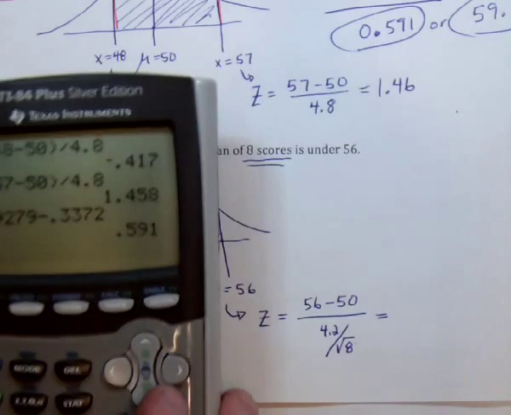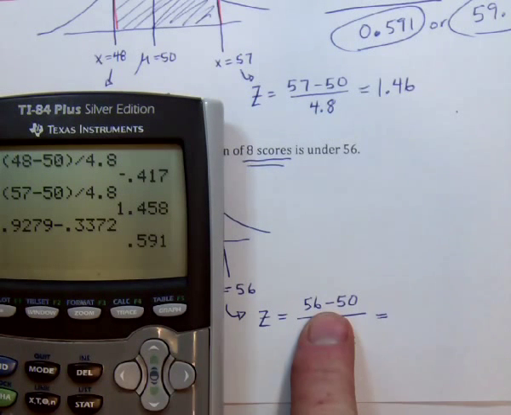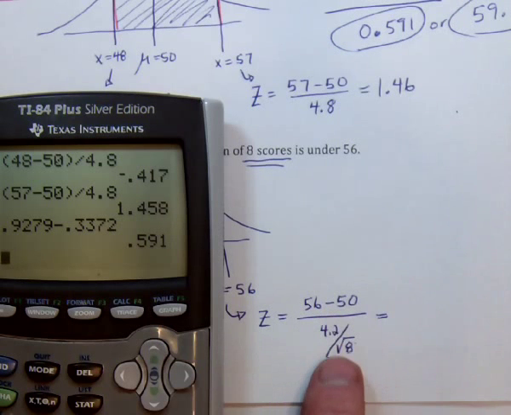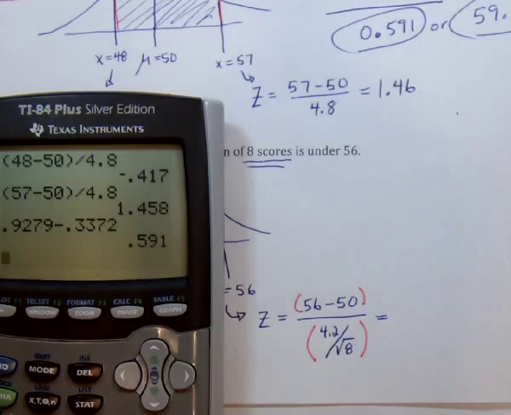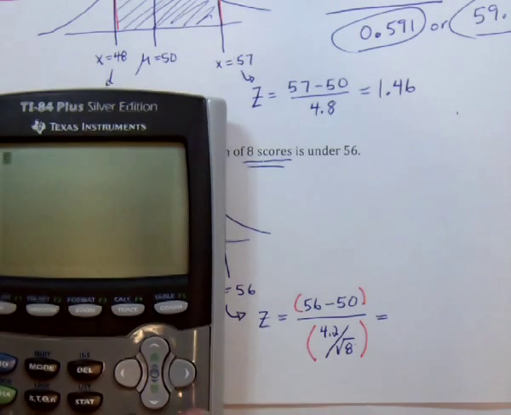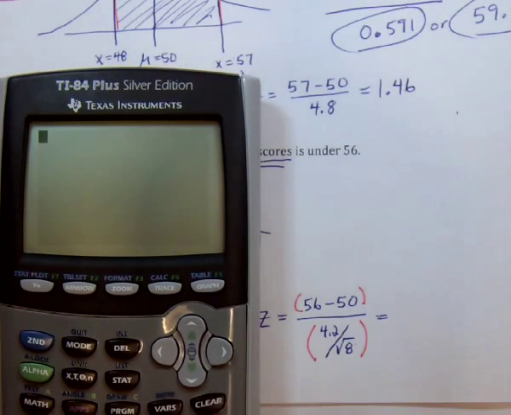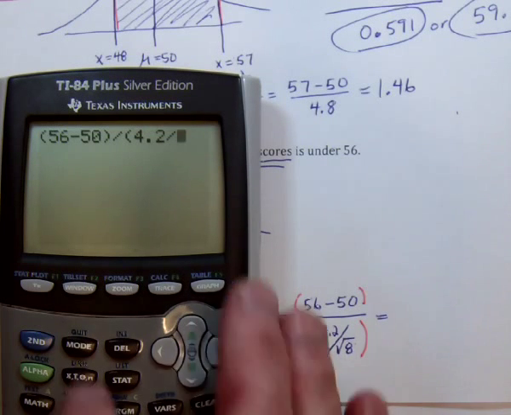So, when I type this in the calculator, I need to put parentheses around the 56 minus 50, and I'm going to need to put parentheses around these two, so that the calculator understands this is the numerator and this is the denominator. So here goes. 56 minus 50 has its parentheses, divided by, then parentheses for 4.2 divided by the square root of 8.